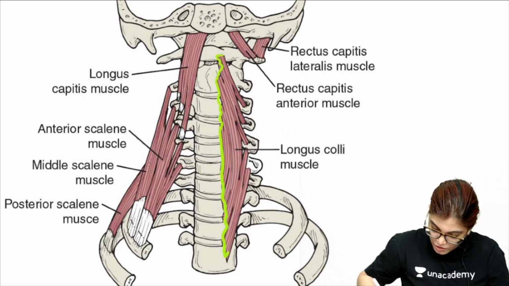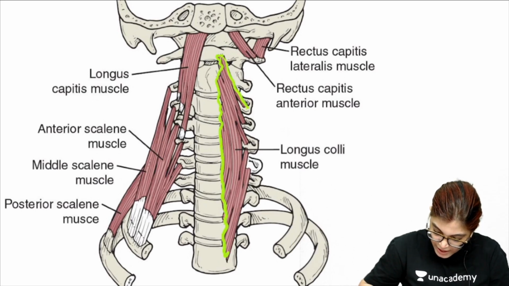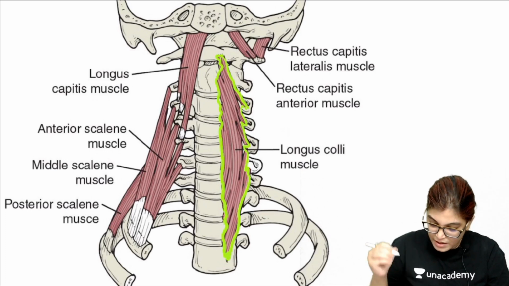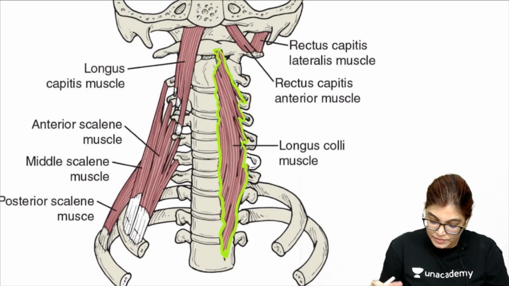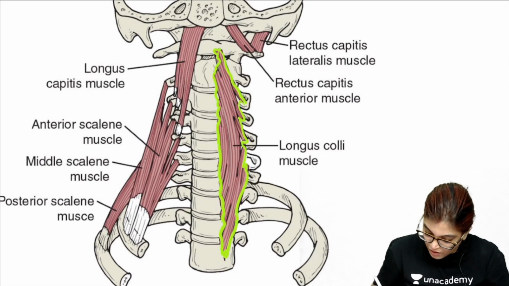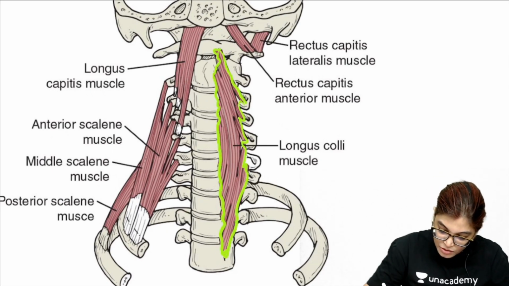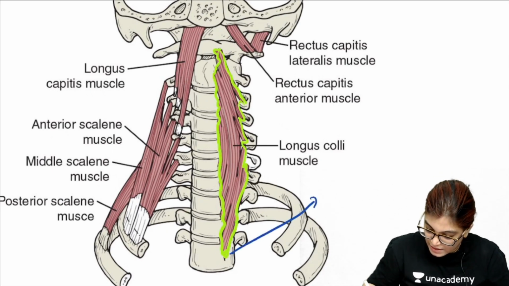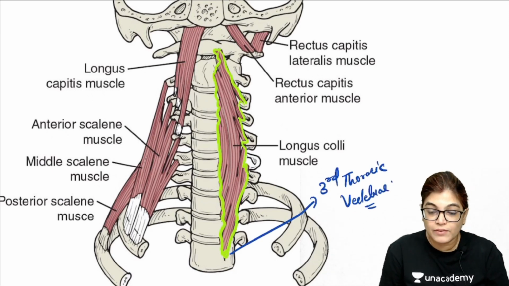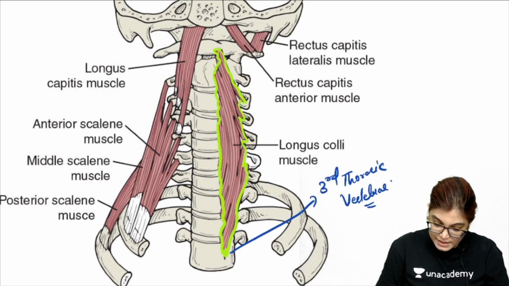The whole muscle is extending till the level of the third thoracic vertebra.